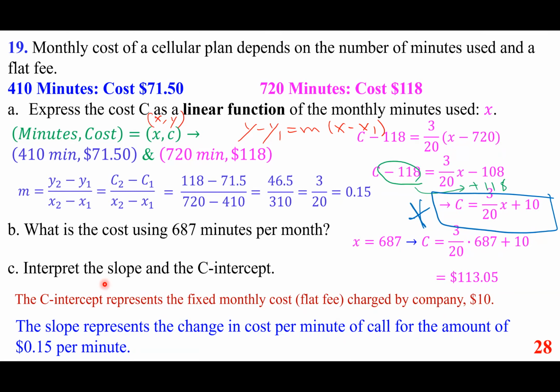Let me just make sure of what happened here. So this number, 3/20, which is the slope, equals 0.15.